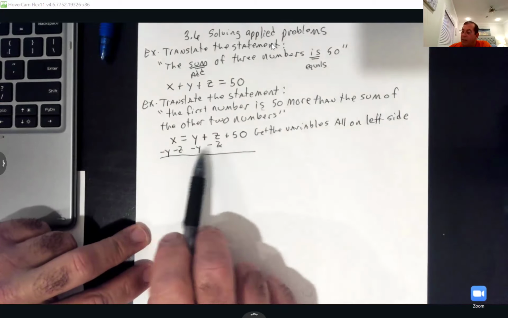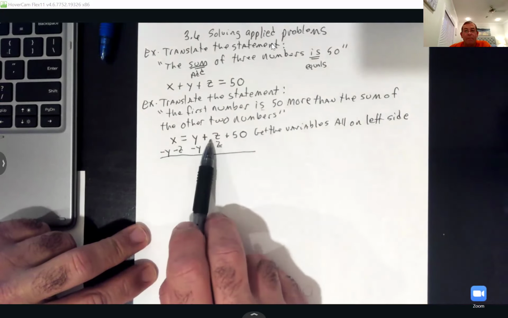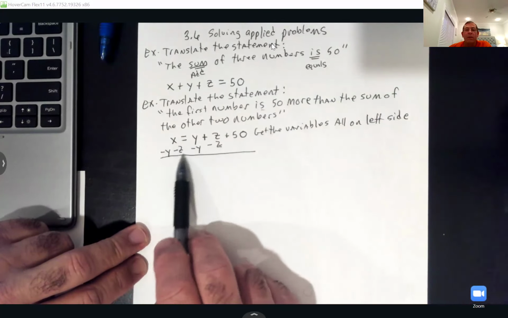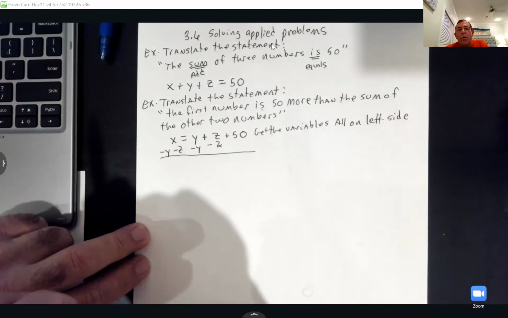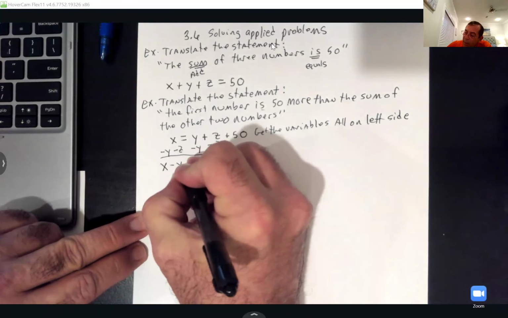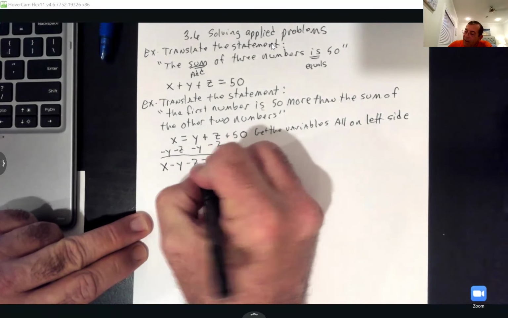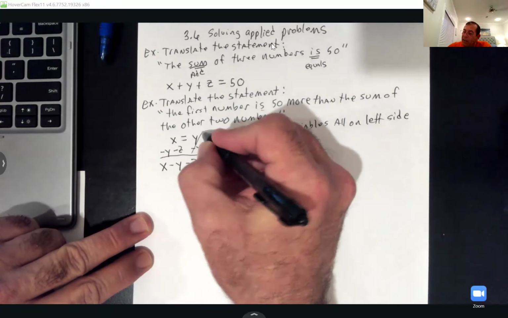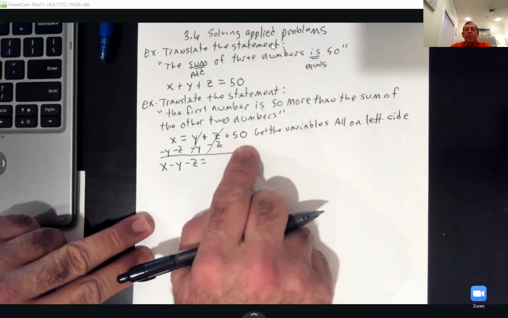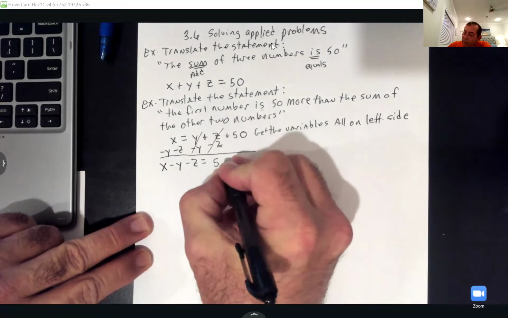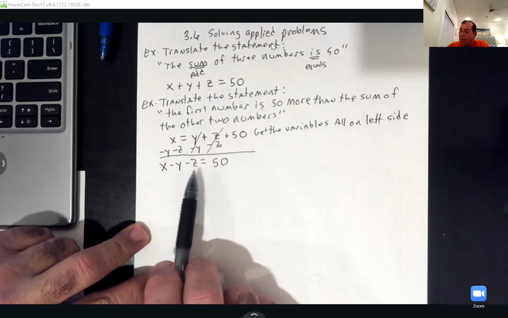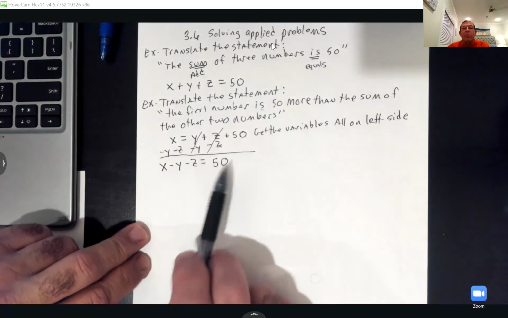So I'm going to move these both at the same time by subtracting them both. So over here, we don't have any like terms at all. So I'm going to put them in alphabetical order. I'm going to bring down my X minus my Y minus my Z. When y'all look on the right side, the Y's cancel, the Z's cancel. All that's left on the right side is our 50. So this is how you want to pick the answer in MathLab. You want all the variables on one side equal to your number, okay?